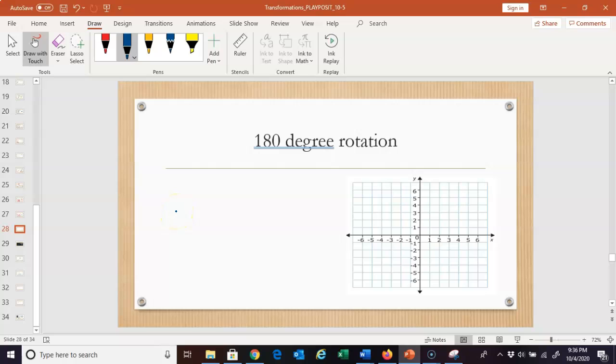The last one we're going to look at is 180-degree rotation. And for this one, it's a very common one you'll see a lot, so that's why I wanted to go over it: you make each of the coordinate points negative. So let's put something down here. I don't think we've had anything down here. We can do a triangle.